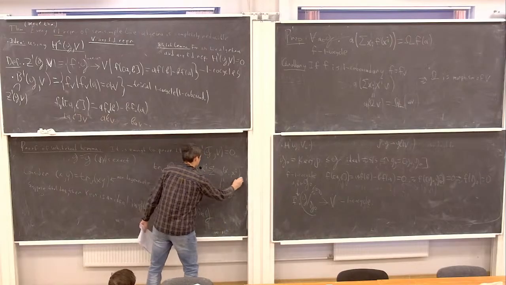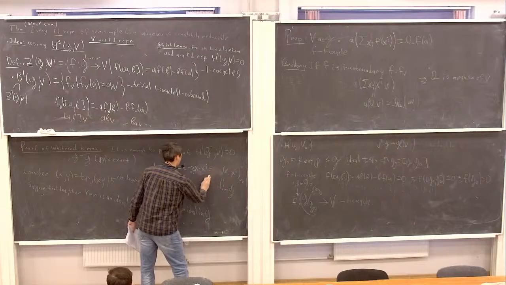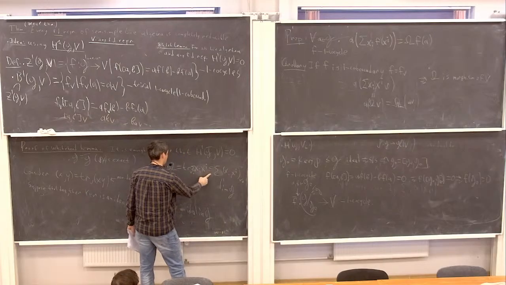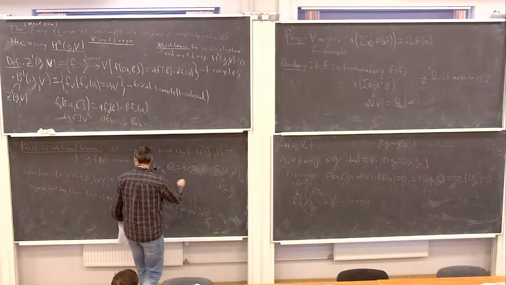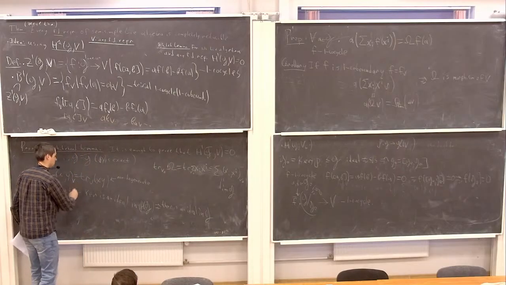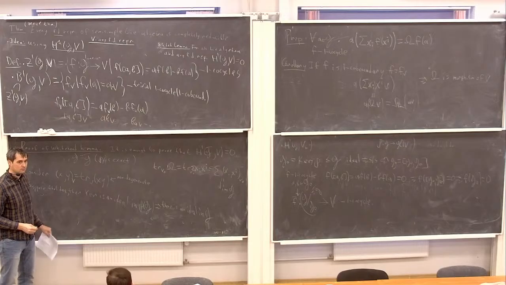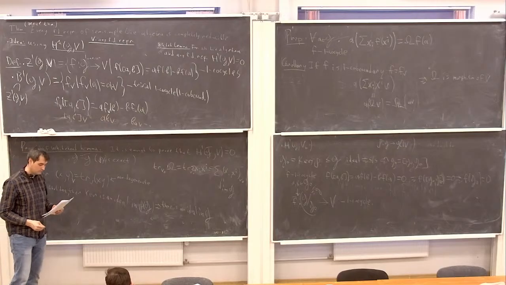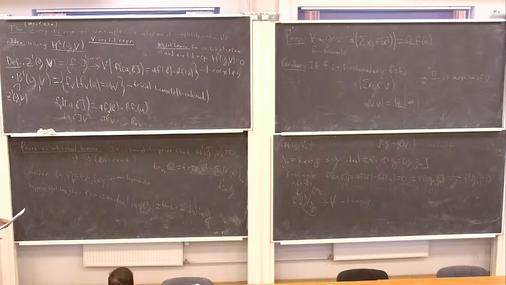So here it's for V0. But by definition, it is our form. We have a faithful representation, so our Lie algebra is a subalgebra of GL(V).